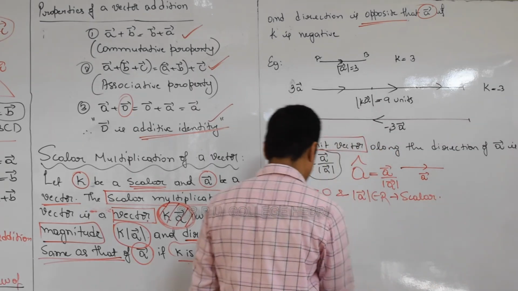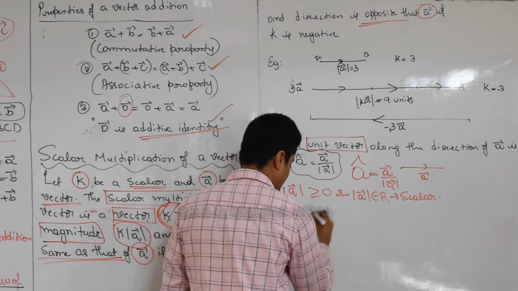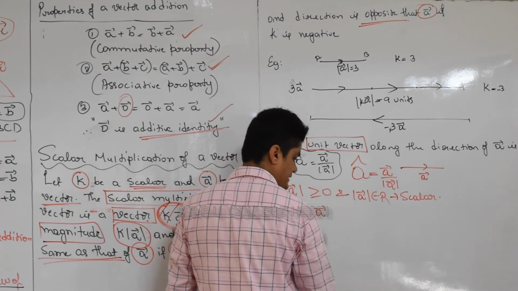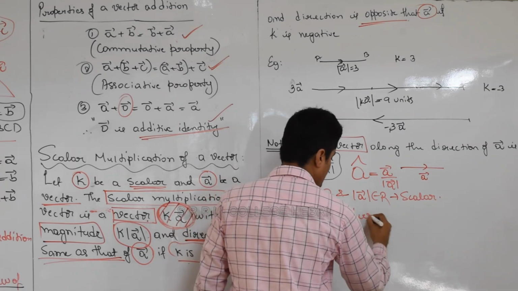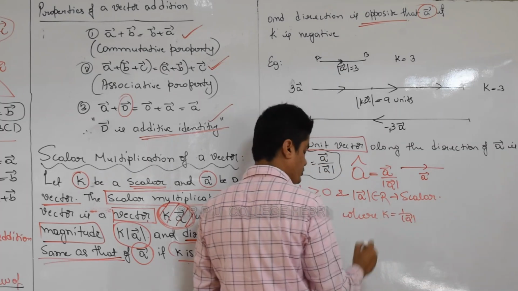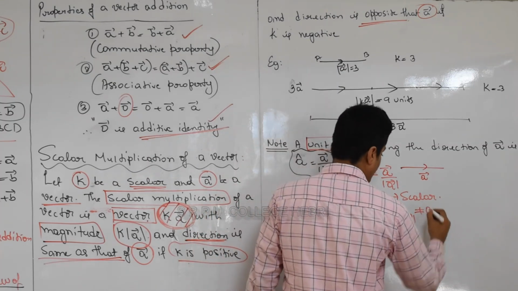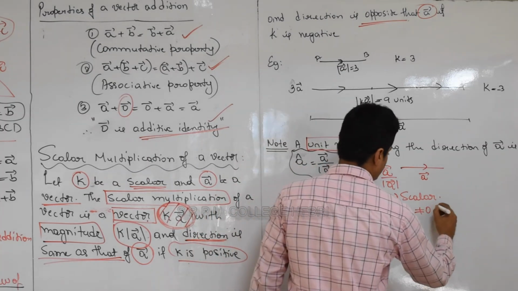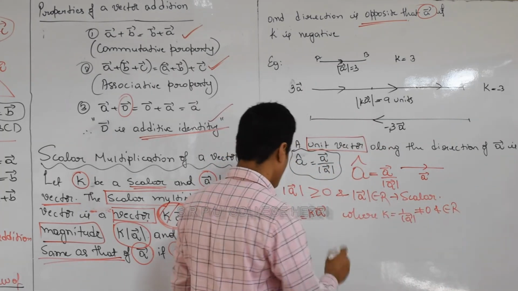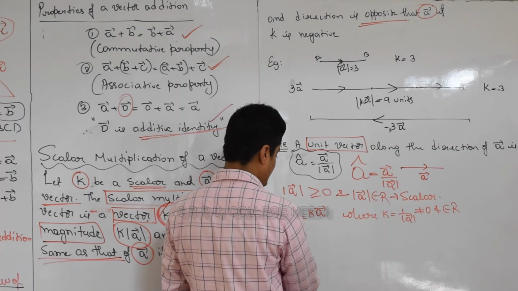Observe carefully now. In this formula, vector A cap equals vector A divided by its magnitude, what is k here? Our k is 1 by the magnitude of vector A. This is not equal to 0, and it also belongs to R. So it is a scalar multiplication of a vector. We have to check the direction first.